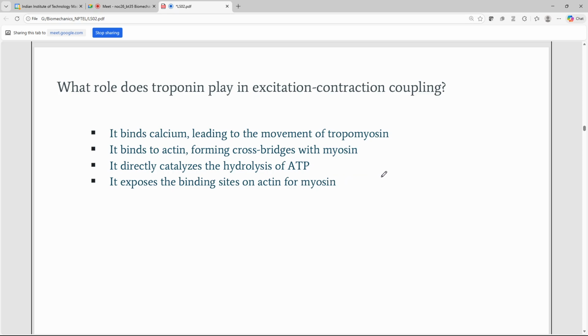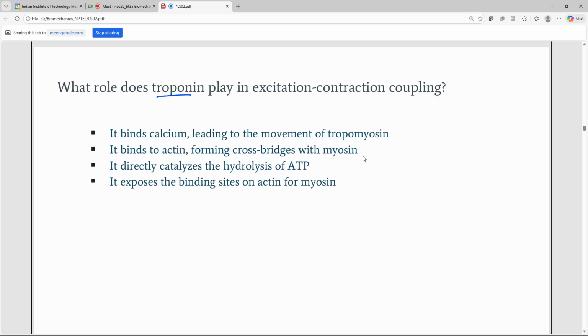Next question. This one is from excitation contraction coupling of muscles. What role does troponin play in excitation contraction coupling? Options are: it binds calcium, leading to the movement of tropomyosin; it binds actin, forming cross bridges with myosin; it directly catalyzes the hydrolysis of ATP, adenosine triphosphate; and the last option, it exposes the binding sites on actin for myosin.